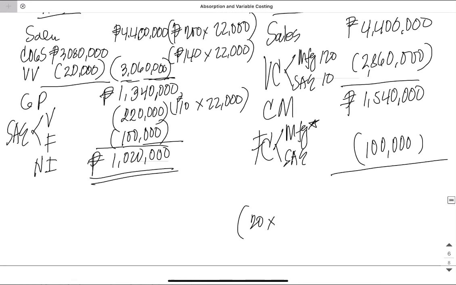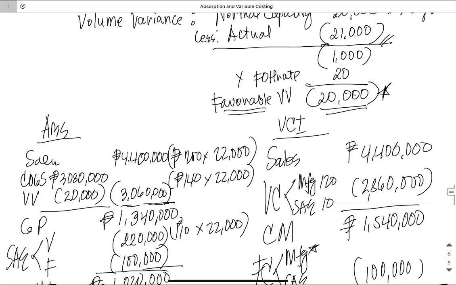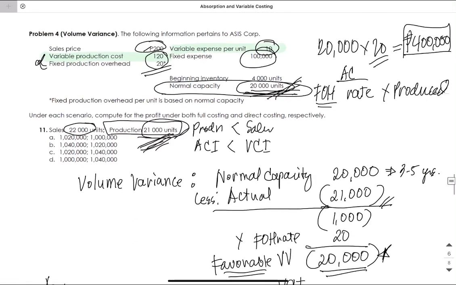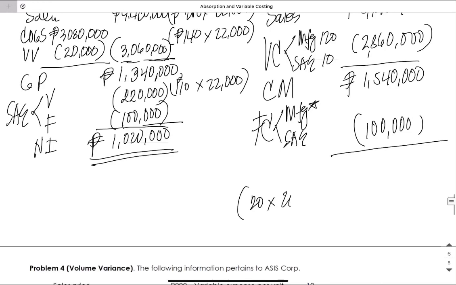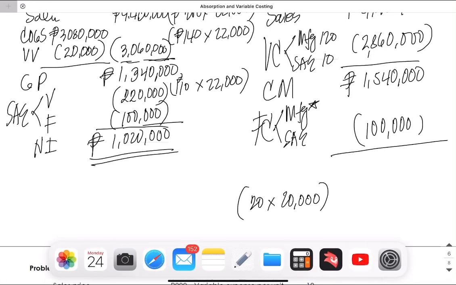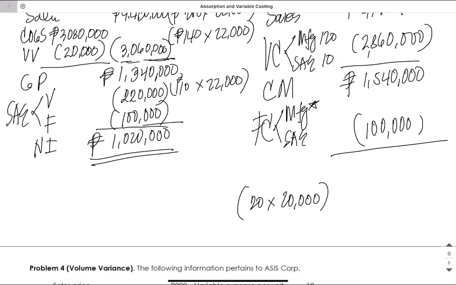In case there is a conflict between the actual and the normal production, we have to base it on the normal capacity, because according to this problem, the fixed overhead rate is based on the normal capacity. So that is simply 20 times 20,000, which is around 400,000.